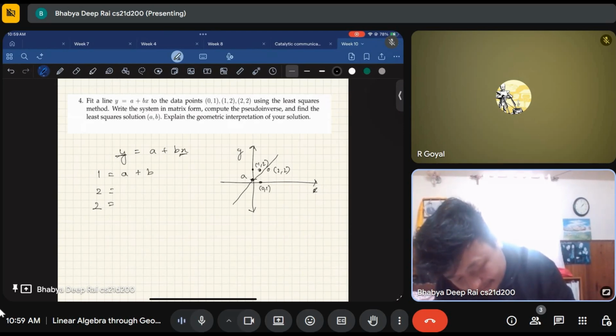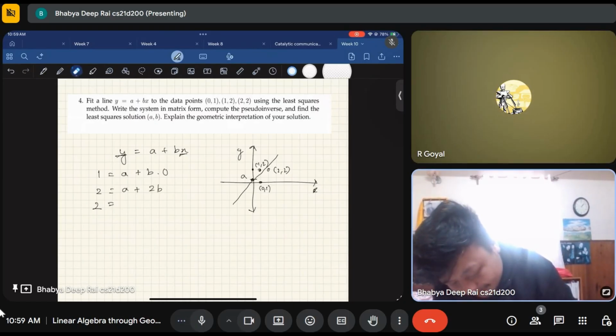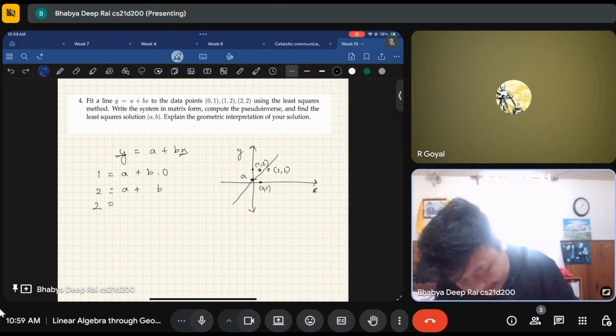X is now 0 in this case, and here it is a plus b. For x equals 1, it is a plus b, and for x equals 2 it is a plus 2b. Because the left hand side is x, this will be 2b.